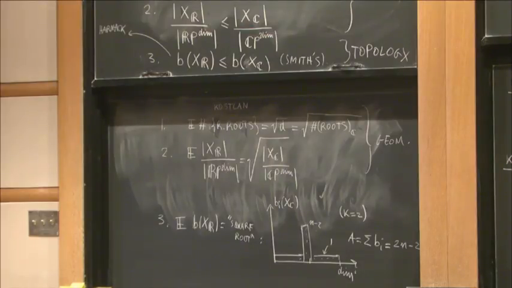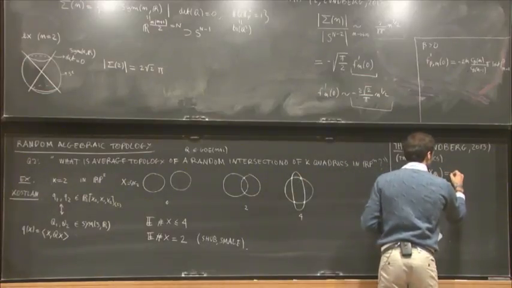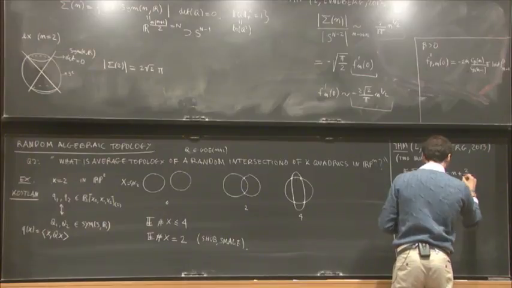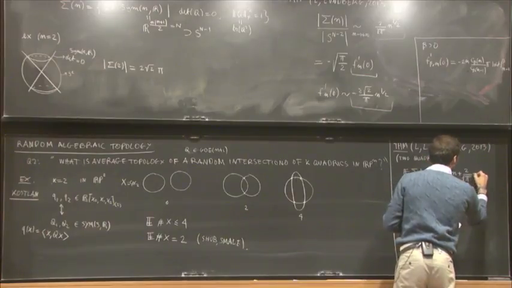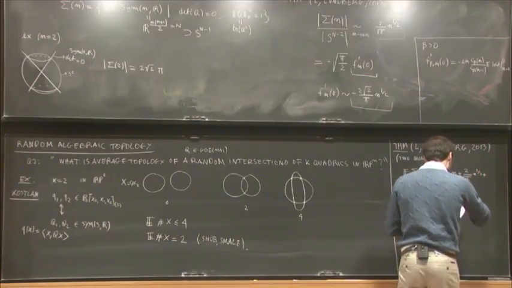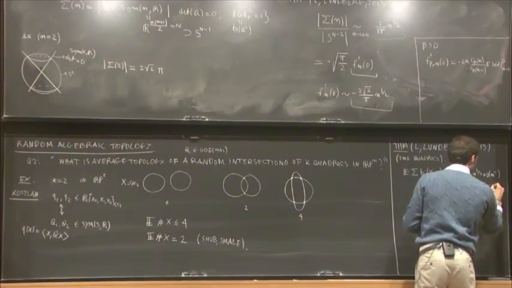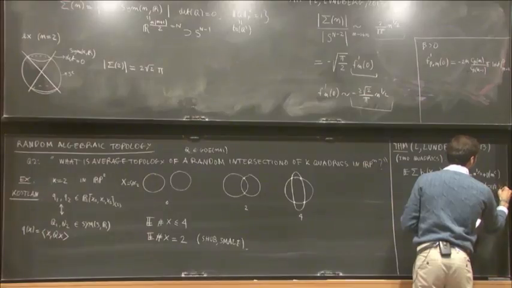So if I take the expectation of the sum of all Betti numbers, intersecting two random quadrics in RPN, and I take the expectation of the sum of all possible holes there are, then this is (n plus 2) over pi, square root of pi, n to the 1/2, plus big O of n to the c for every c in (0, 1/2).